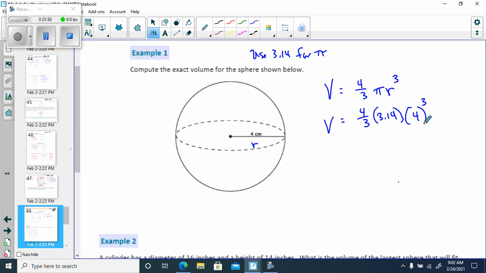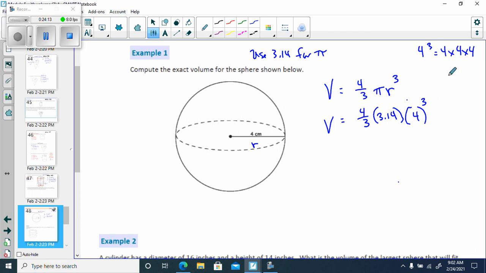There's a couple of ways you could do that in your calculator, but there's so many different calculators out there, I'd hate to start trying to tell you how to do it on your calculator right now. I would prefer just to have you do it 4 times 4 times 4, because we know that 4 to the 3rd power is 4 times 4 times 4. That way I won't be messing you up with different calculators, okay?